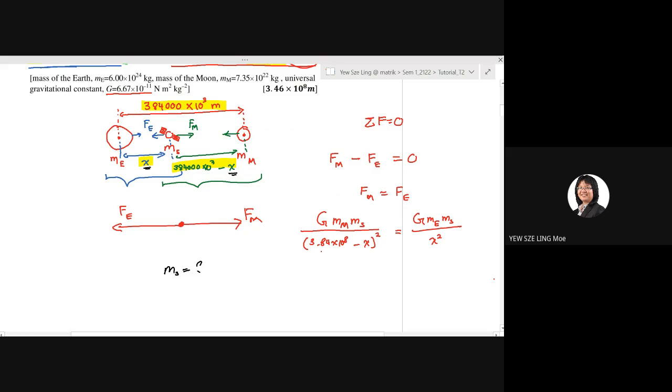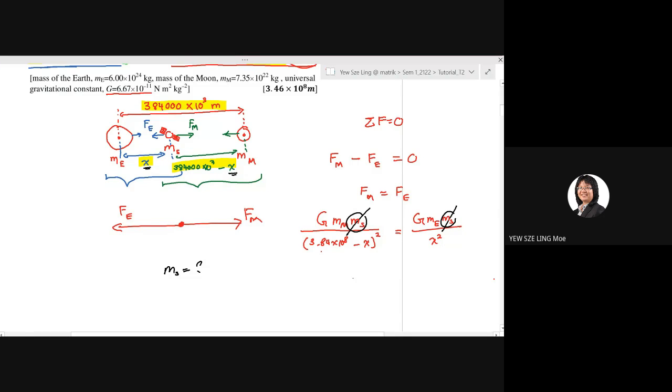But when you look at this equation, you have ms on the right hand side, and you also have ms on the left hand side. You have it on both sides. So what you can do is cancel it out, and then rearrange the equation.